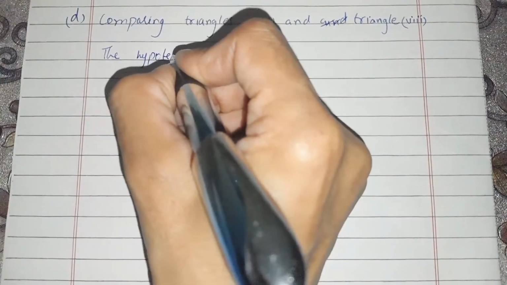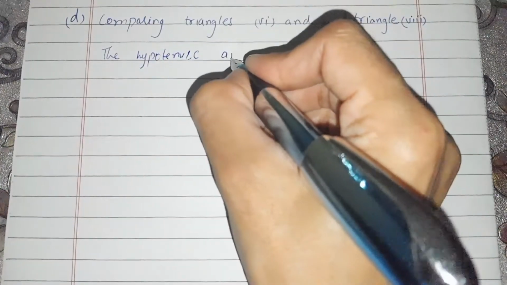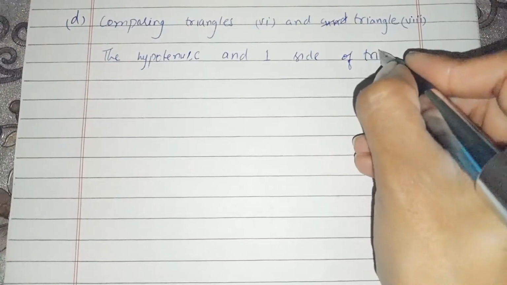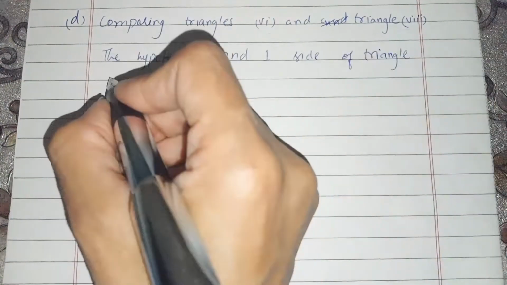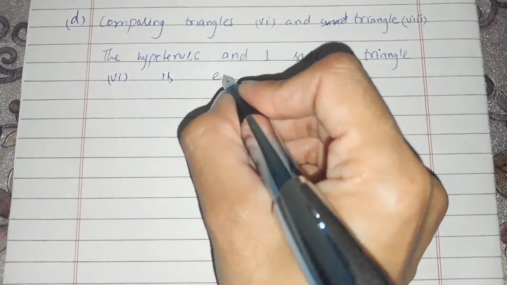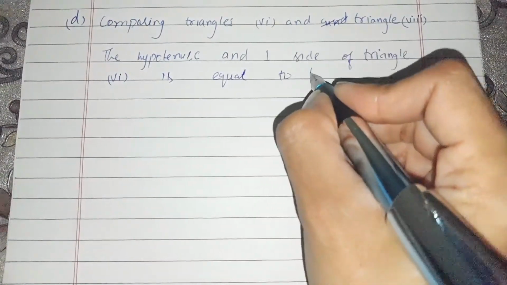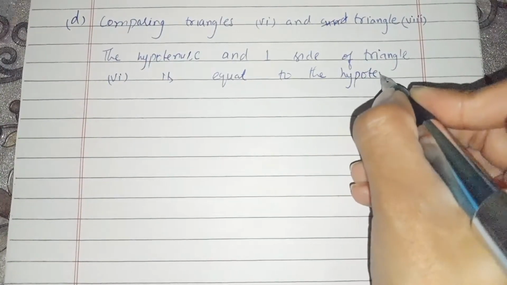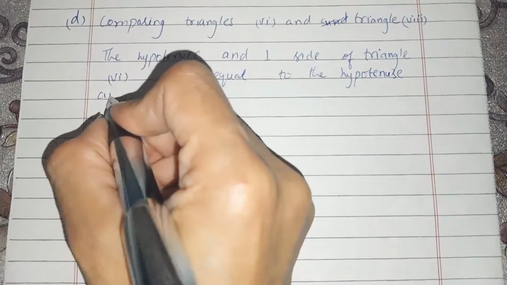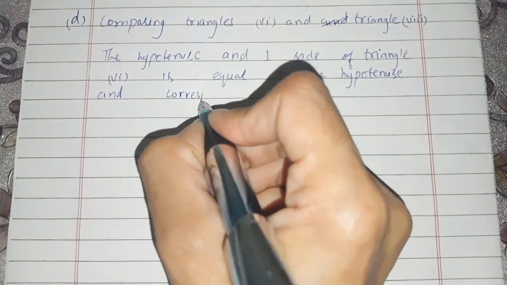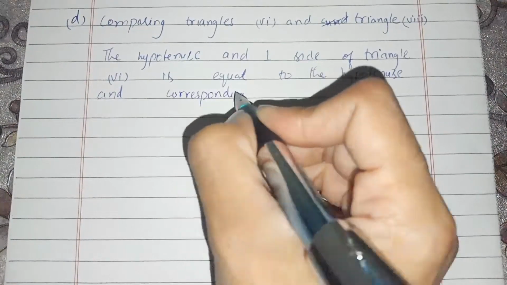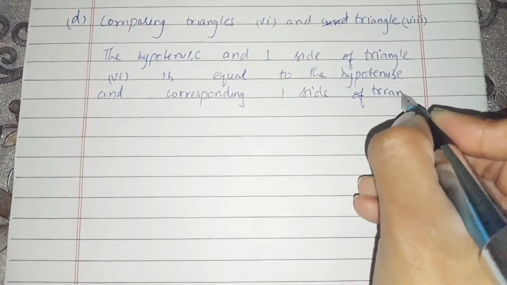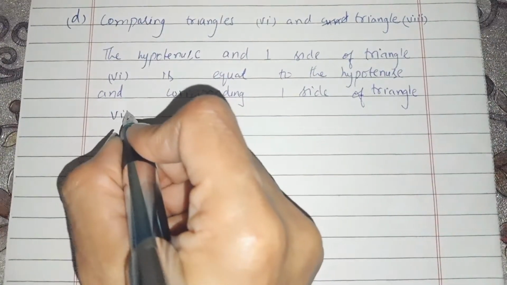The hypotenuse and one side of triangle 6 is equal to the hypotenuse and corresponding one side of triangle 8.